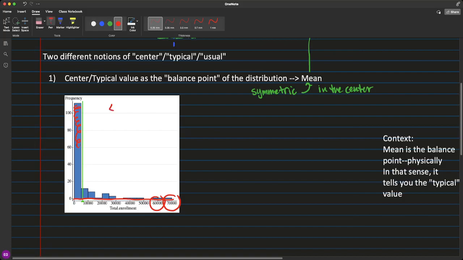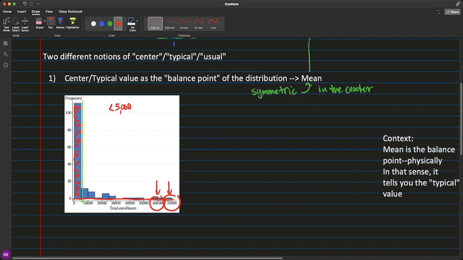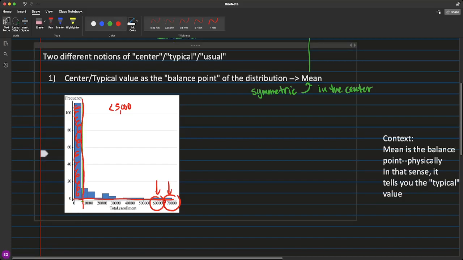You could see the most common, the mode, the biggest bin, has 0 to 5,000 students. But there are some universities that have 60 and 70,000. Because of that, this little marker right here, about 6,000, is what's typical.